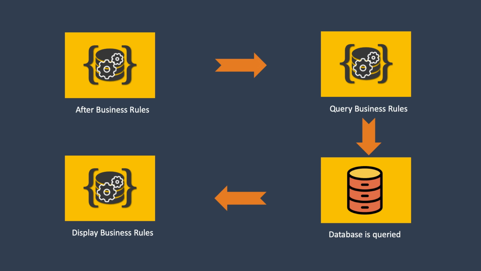After that, it is still not displaying the data to the user, because we are still going back to the same kind of scripting execution. After this display business rule, it will run onload client script again, because this time we have to return the data to the user.